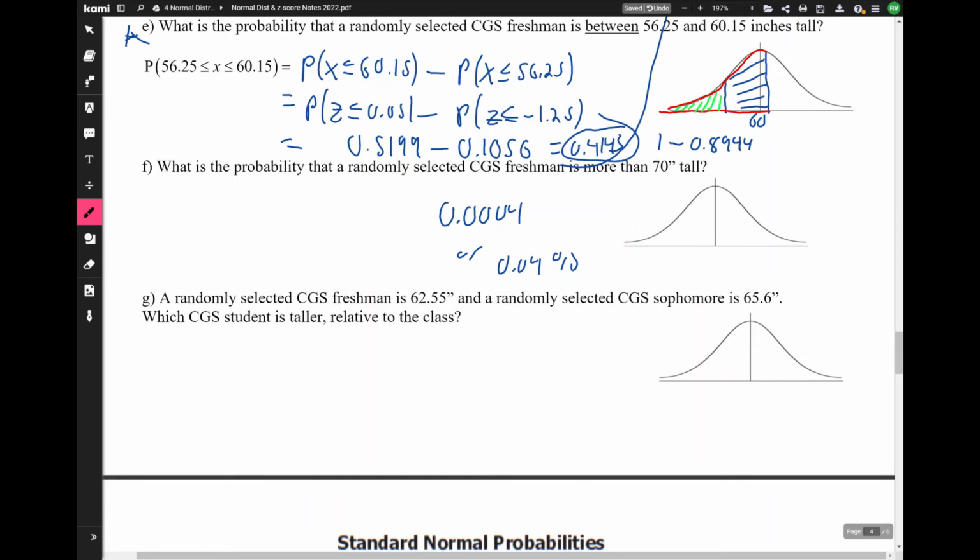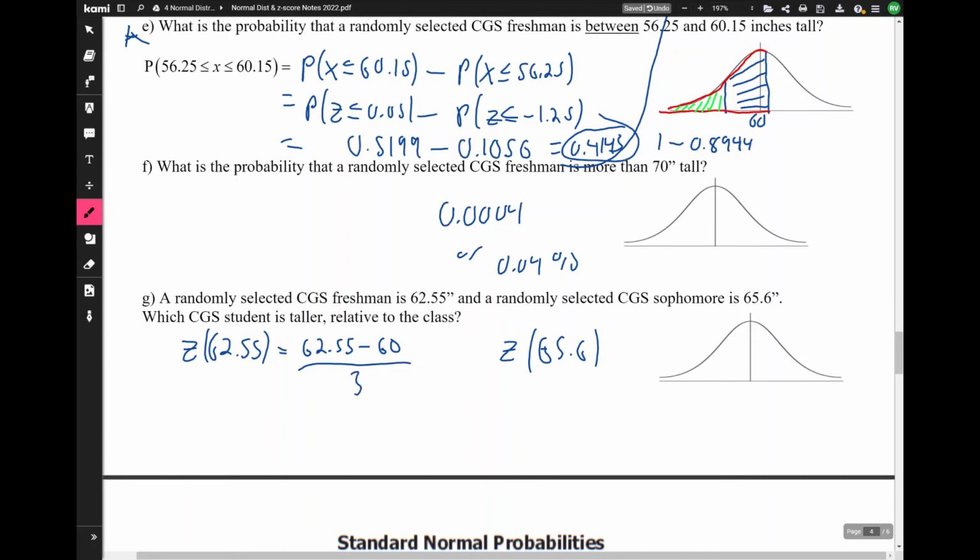And for part G, how do you find which one is taller relative to their class? You're comparing z-scores. So we take the z-score of the freshman, who is 62.55 inches, and we compare that to the z-score of the sophomore, who is 65.6 inches tall. Well, for the freshman, we use the mean of 60, so 62.55 minus 60 over a standard deviation of, I believe, 3.